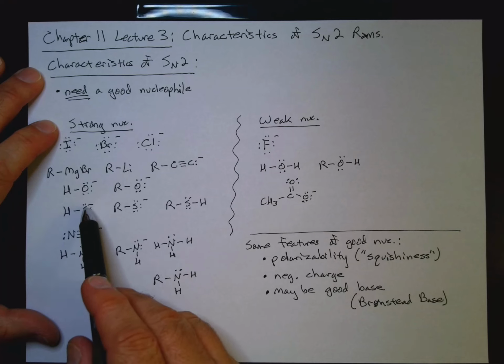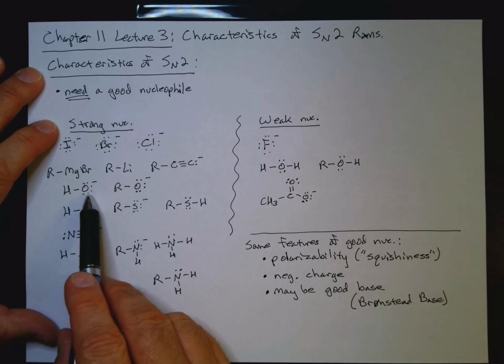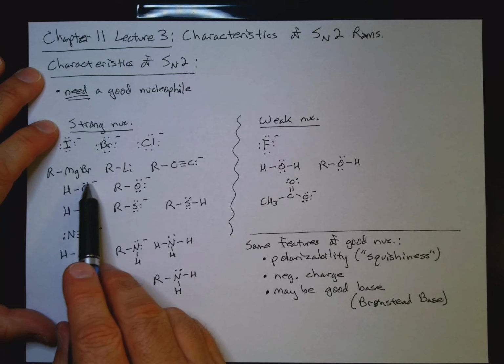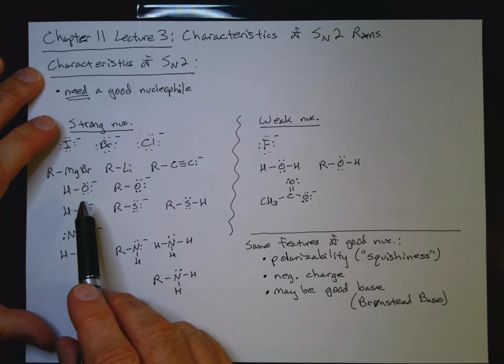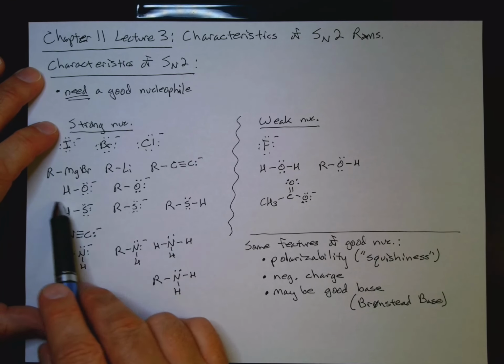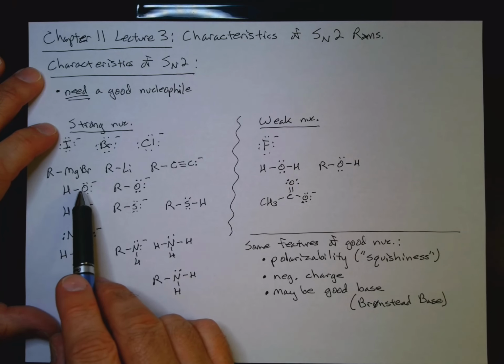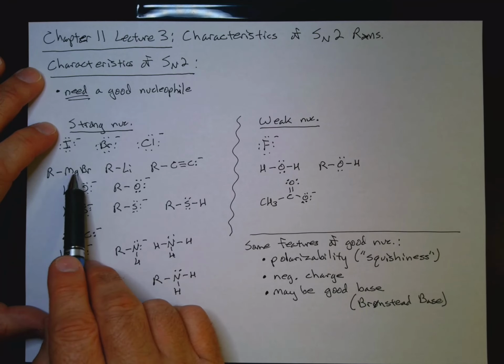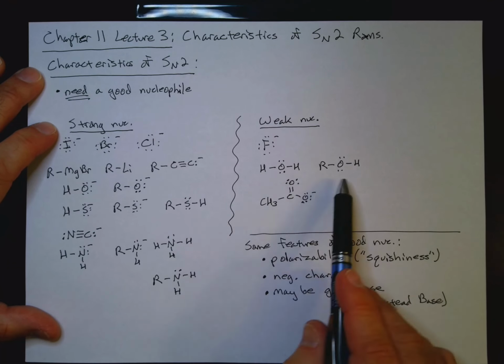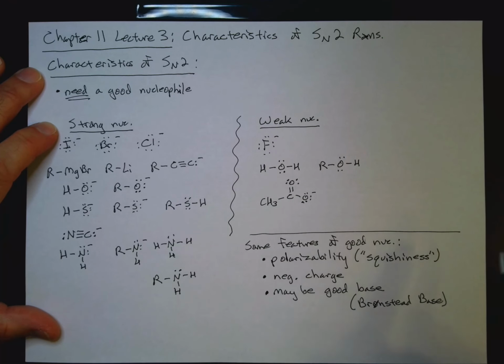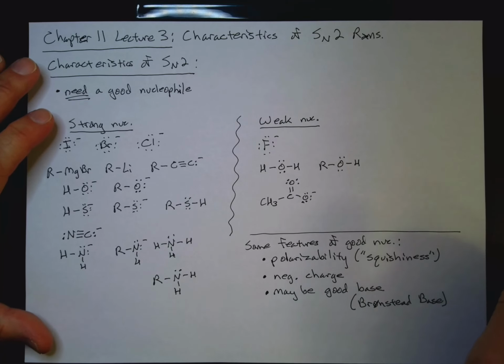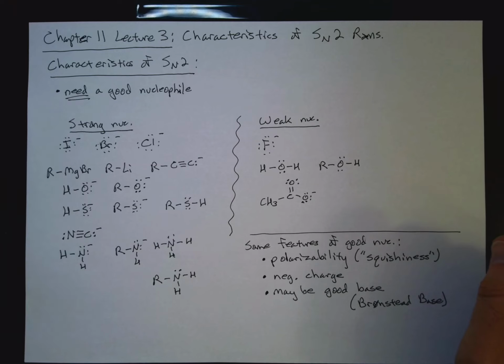Base refers to the ability of a molecule to remove a proton from something. So even though the proton is electrophilic, and a base would be functioning as a nucleophile in that case, we're focused more on how it works as a base. Again, some of these are good bases, others are not. None of these guys are strong bases. It's hard to have a strong base that is a weak nucleophile, but it can be done.